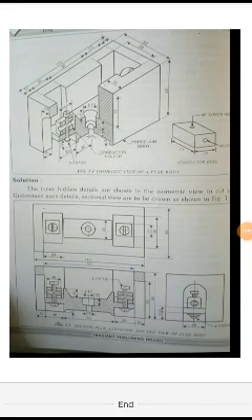By using these three views, let us try to develop the body of a rewirable fuse.